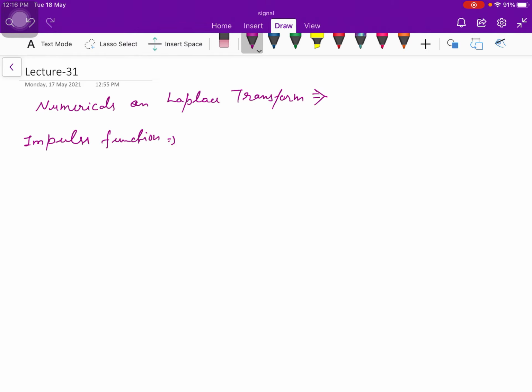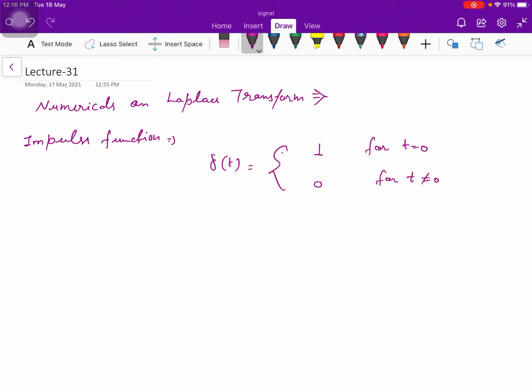So, delta of t equals 1 for t equal to 0 and 0 for t not equal to 0. That is the definition of the delta function.